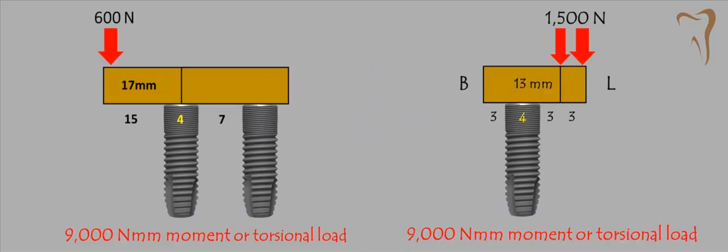So if you take and compare that to a little bit more normal bite on, say, a 15 millimeter posterior cantilever, move that out there, that's 600 newtons, it's force times leverage arm, gives you a 9,000 Newton millimeters moment, torque or torsional load. And if you put them up together, you see the numbers just happen to coincide.